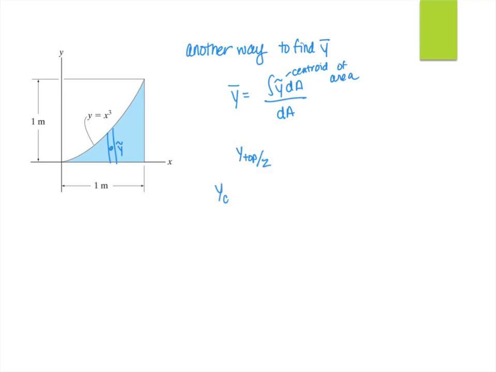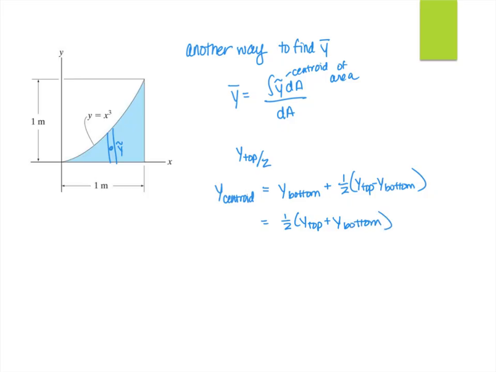The y centroid would be found by taking the value at the bottom of the strip of the area and adding 1/2 of the height of dA, which is y top minus y bottom. This would actually simplify to 1/2 (y top plus y bottom).